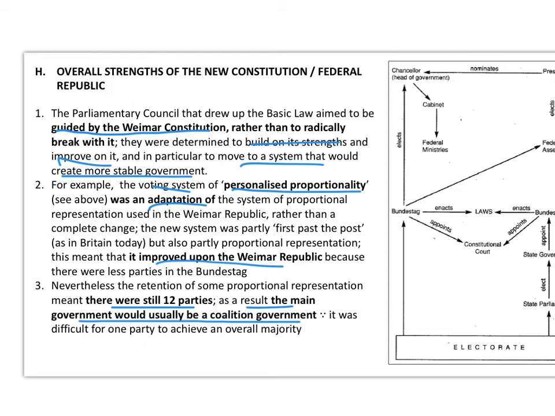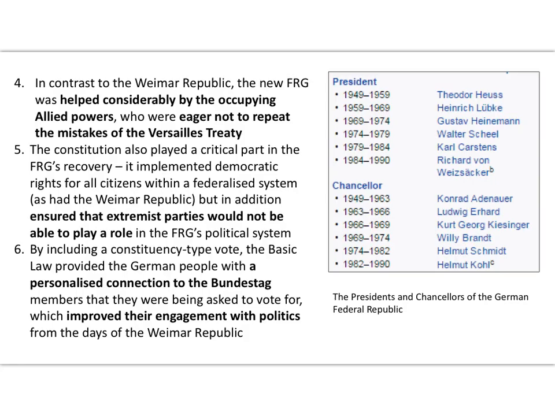Those particular points. So, in contrast to the Weimar Republic, the new FRG was helped considerably by the occupying powers. Okay, so I think that's another key feature. If you go back to the Weimar Republic, the Allies at the time, the victors, in particular the British, the French, and the Americans in the 1920s, treated Germany as if Germany was the guilty party.